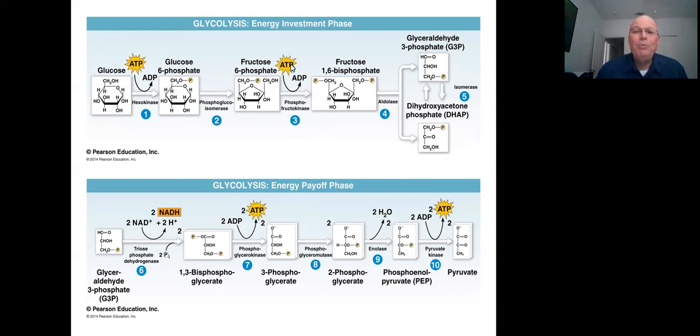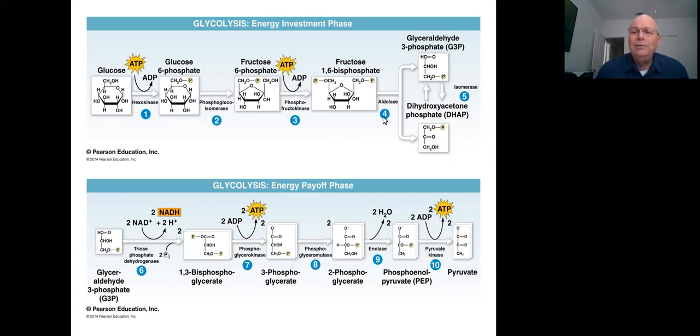And it's this step where we invest the second ATP that we carry out the first irreversible step of cell respiration. So this is where cell respiration is actually regulated via this step. There'll be more to talk about here when we get to the end of the presentation, the end of the chapter. So this is where we invest the ATP.